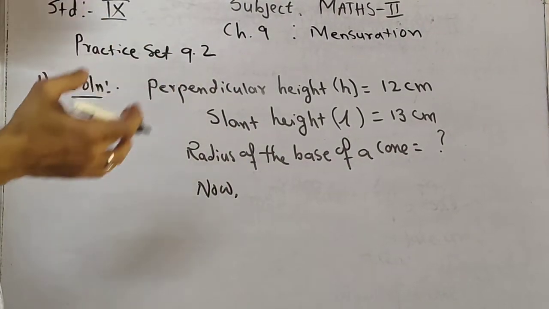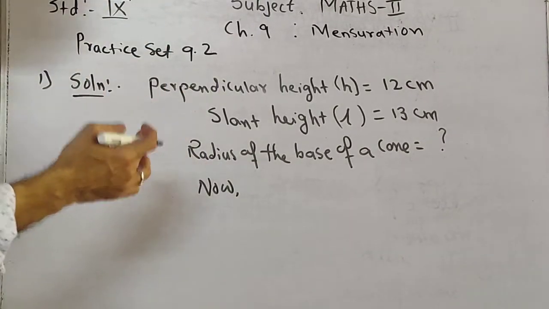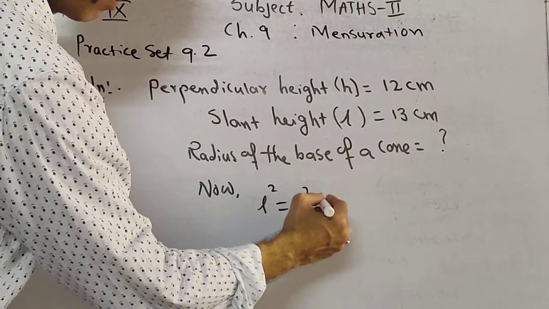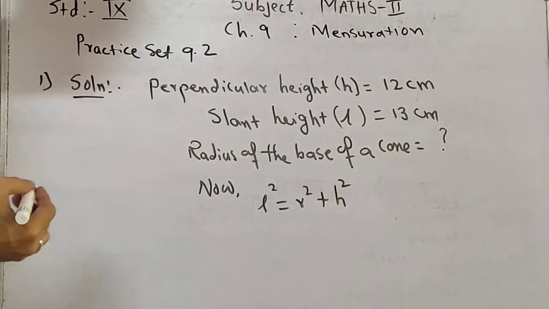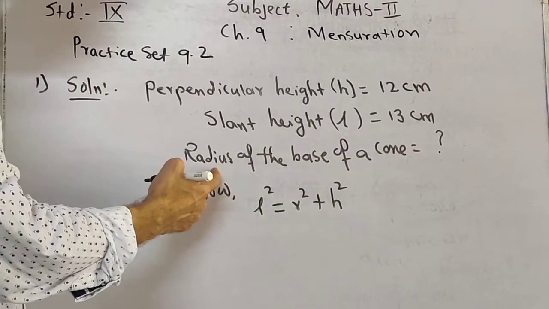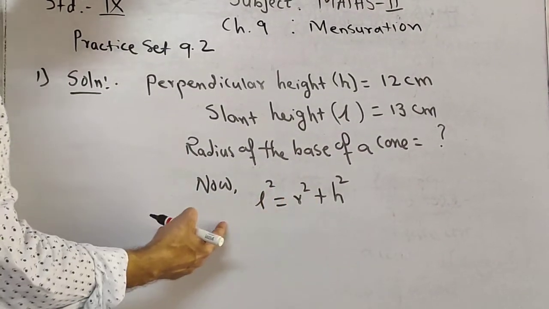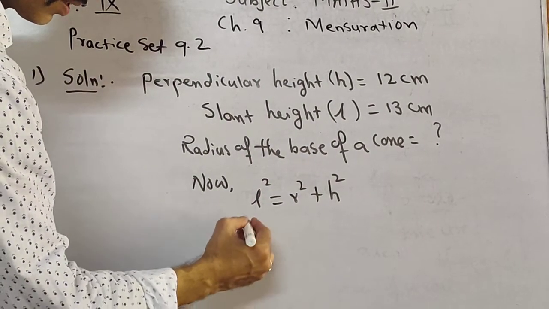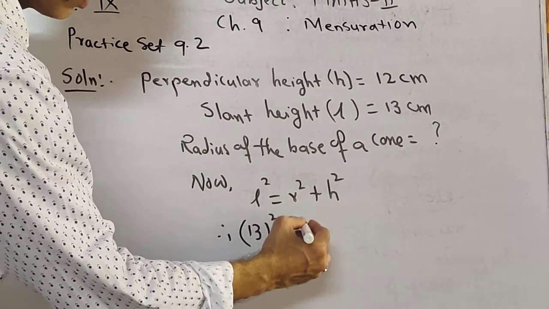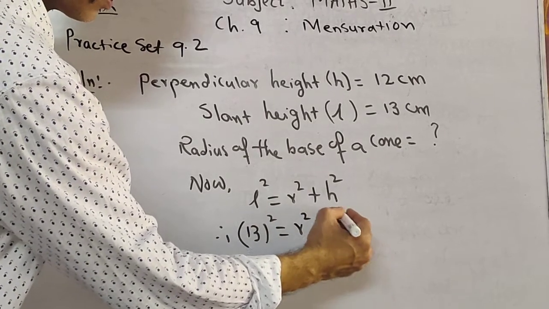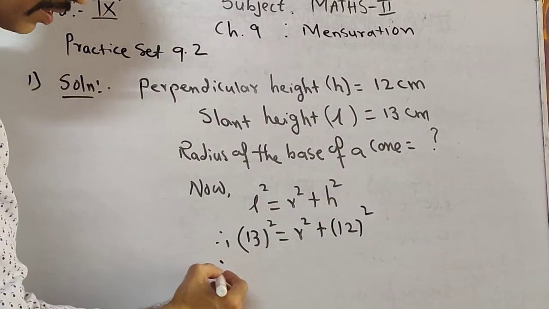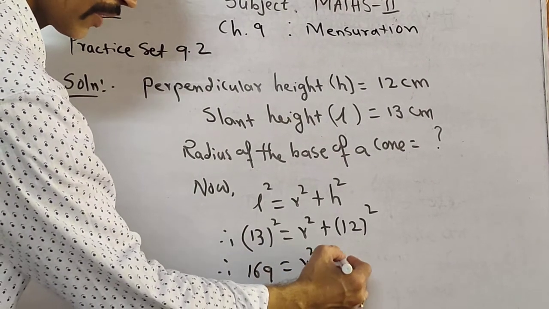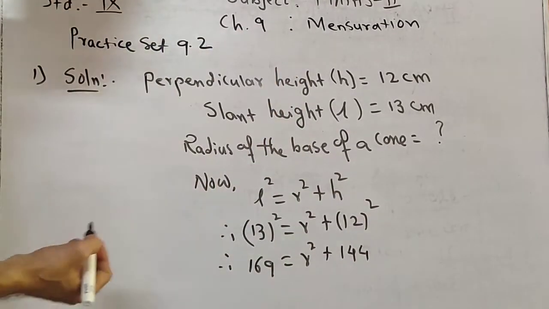The Pythagoras type slant height formula, that is L square is equal to r square plus h square, as I told you. To find the radius also we can use this slant height formula. So your L is 13, therefore 13 square is equal to r square plus 12 square. 13 square you know very well, 169. 12 square also you know very well, 144. Very easy sum it is.